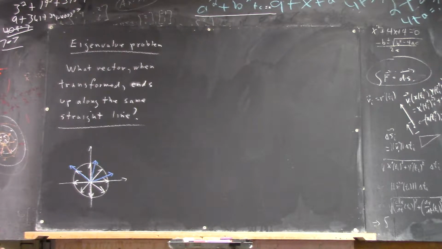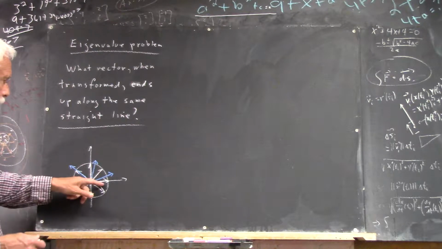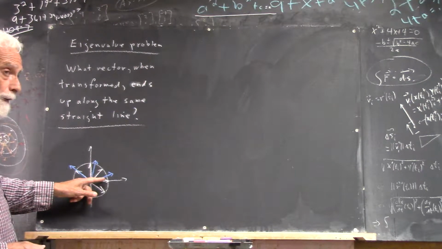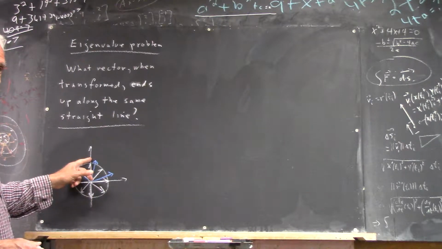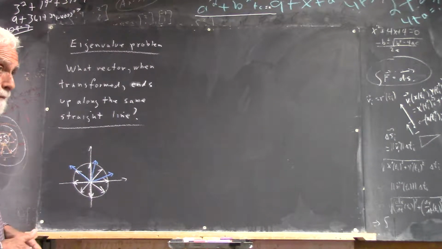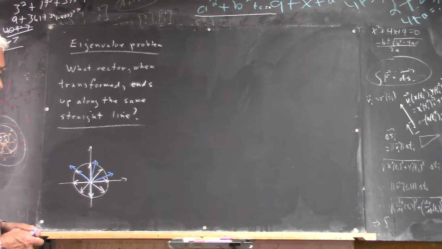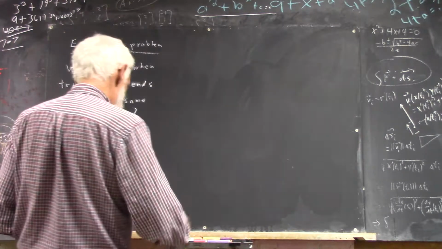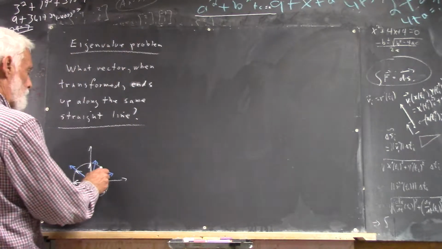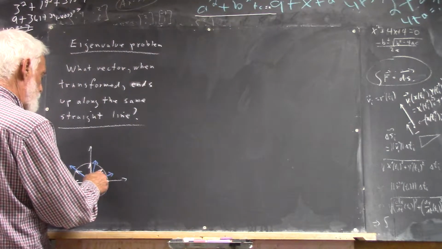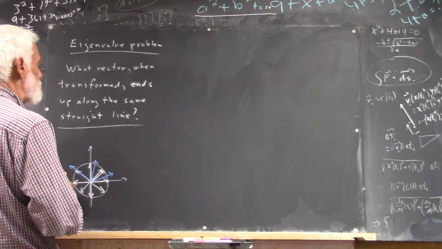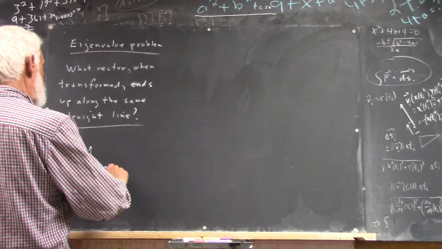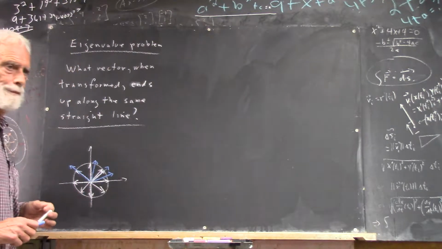Well, geometrically, this one turns this far, this one gets turned this far. This one gets turned a little further than this one, maybe, okay? So I'm thinking that if we transform a vector about here, the transformed vector might be in the same direction.